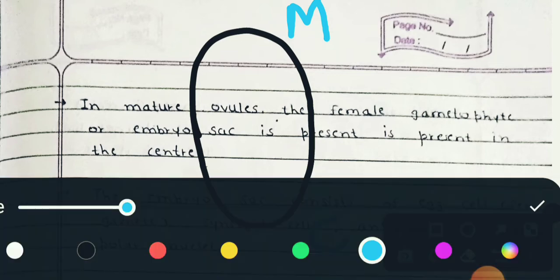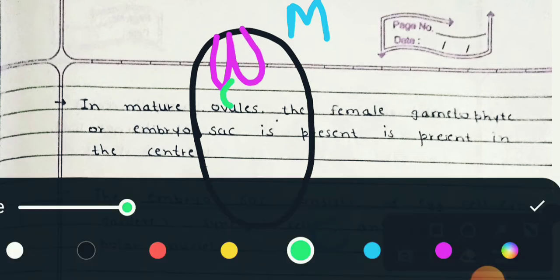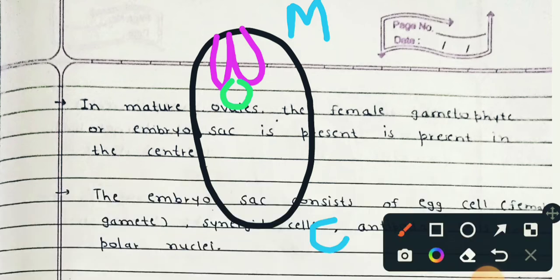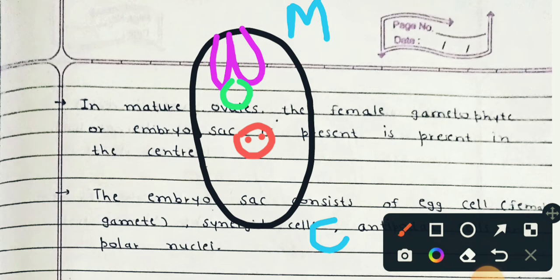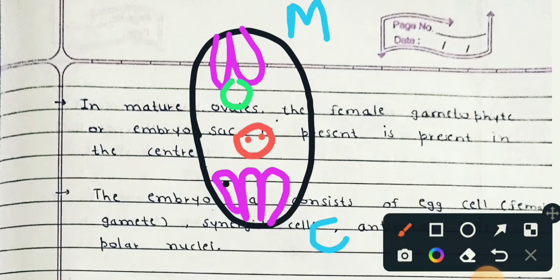At the micropylar end, there are two synergid cells and one egg cell. In between, there is a cell which is called as the central cell with two nuclei, and at the chalaza end there are three cells which are similar in size.